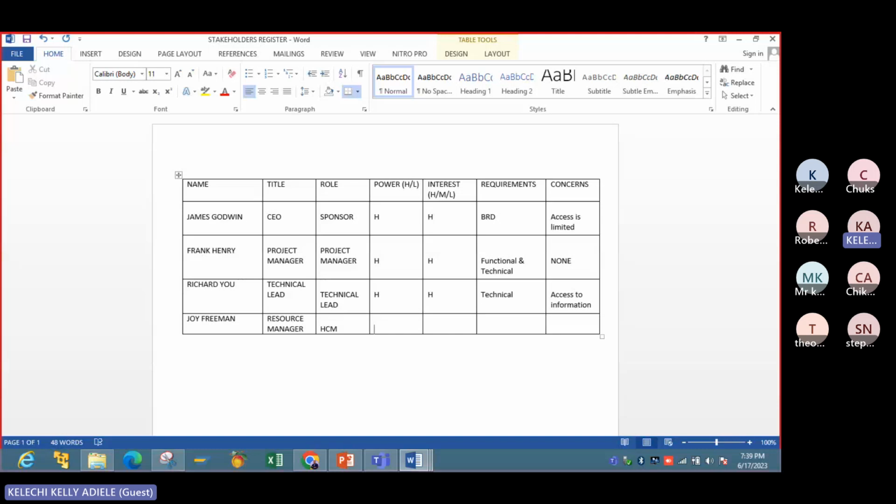Power is high. Interest is high. Interest is medium. Requirements more of team members. And none.